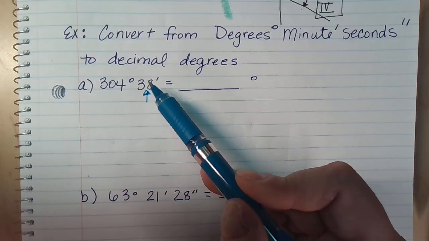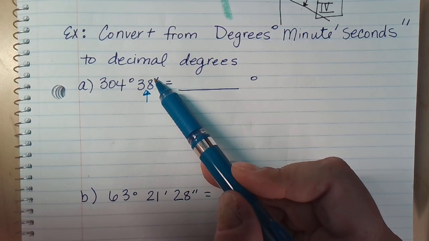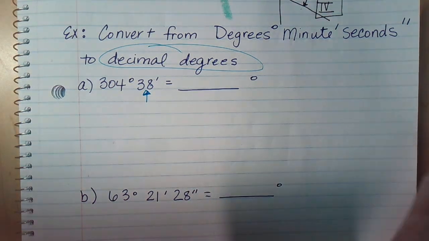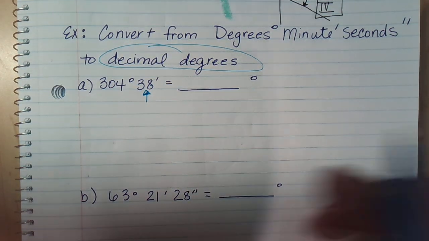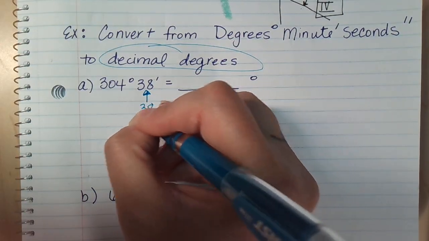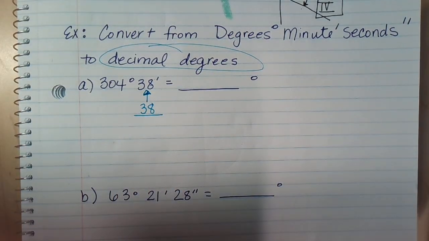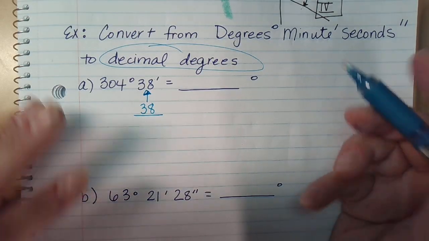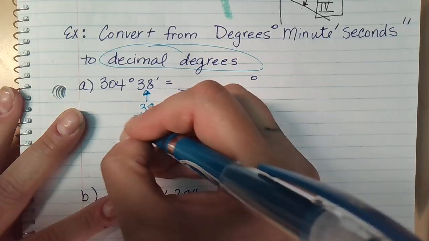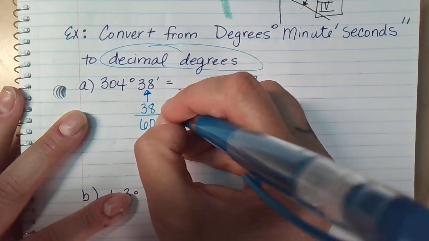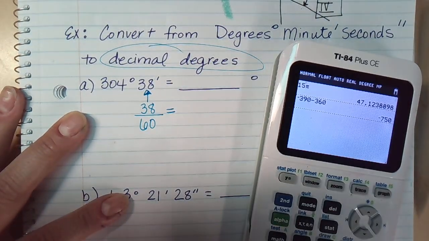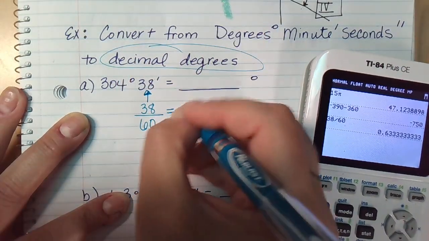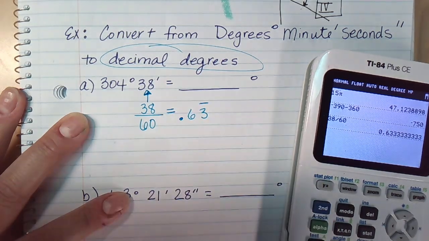This is 38 minutes. Okay, so to create the decimal for that, I'm not going to say 38 over 100 or 38 over whatever. We are going to say 38 over how many seconds are in a minute, or however many minutes are in a second. So either way, it's 60. So 38 divided by 60, that's going to give me my decimal part that I wanted. And I get 0.63 repeating.